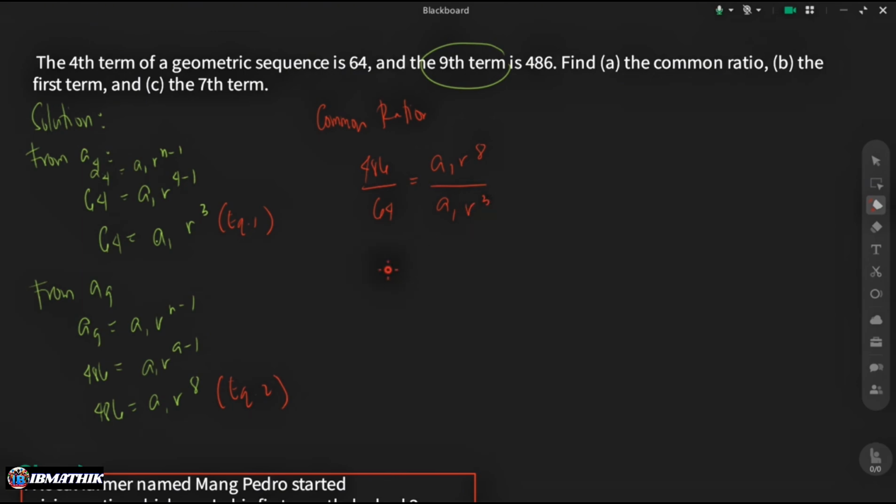Now we can get the value of our r. So with this, this is canceled out, the exponent is 5. And get the fifth root. So the answer will be 3 over 2 as our ratio.